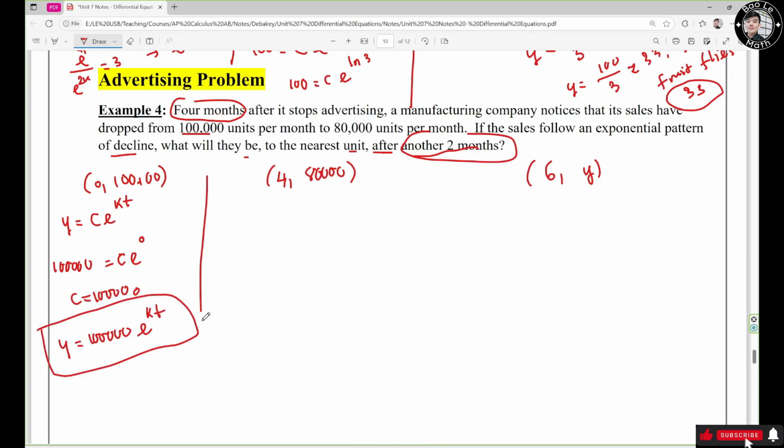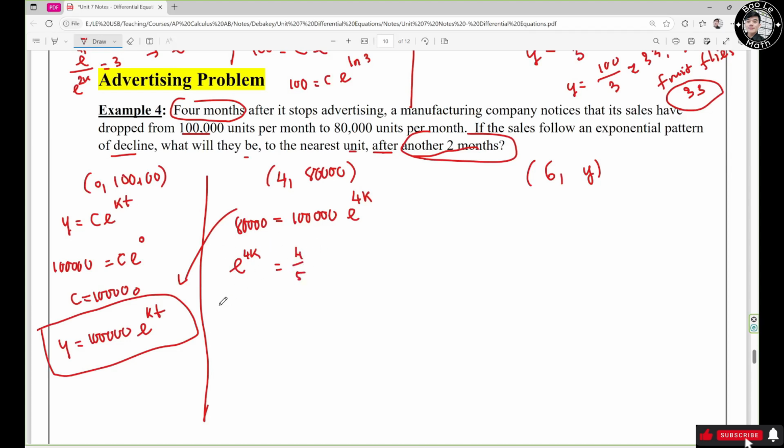Now you're going to use the second ordered pair right here to solve for k, right? So substitute over here. So you have 80,000 equals 100,000 times e raised to the 4 times k, right? Where t equals 4. Now you have e raised to the 4 times k equal 80,000 divided by 100,000, which is 4 over 5, right?